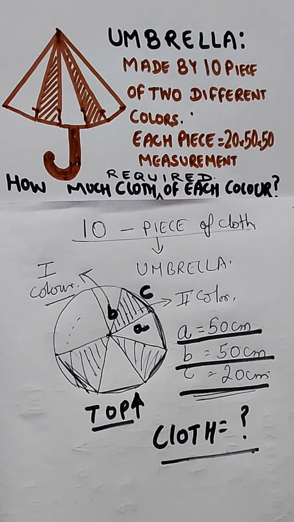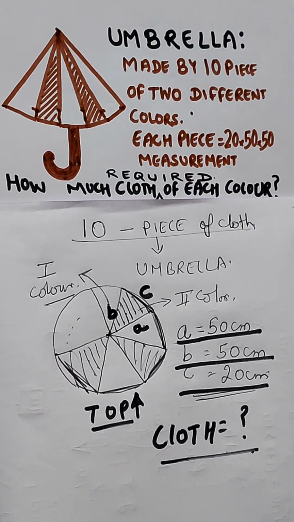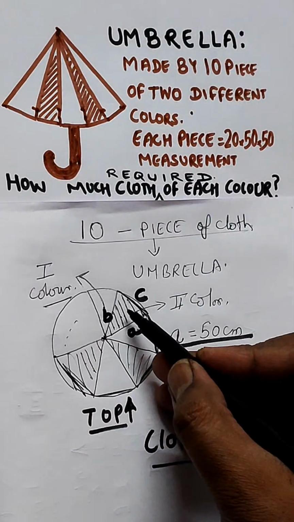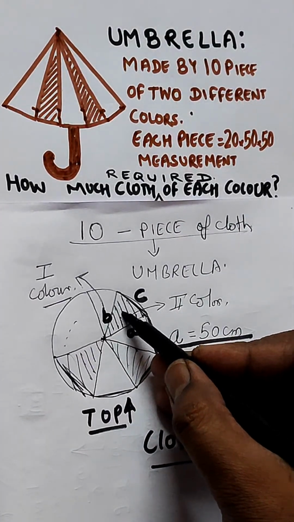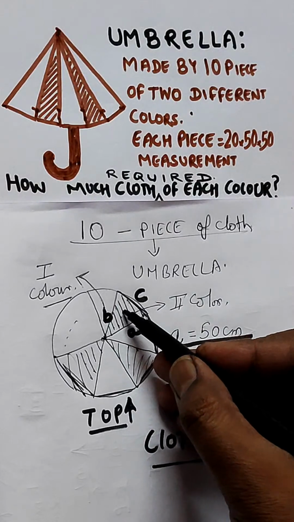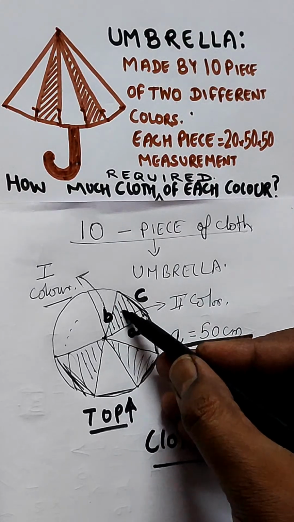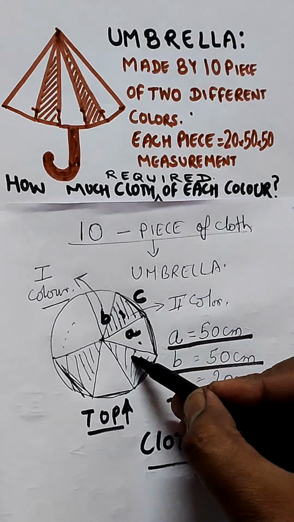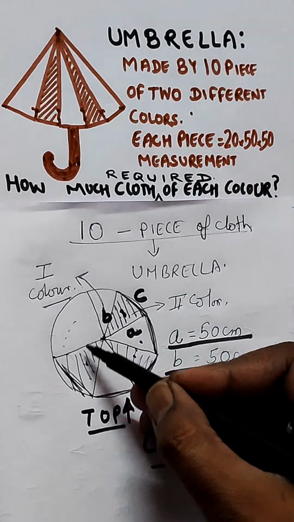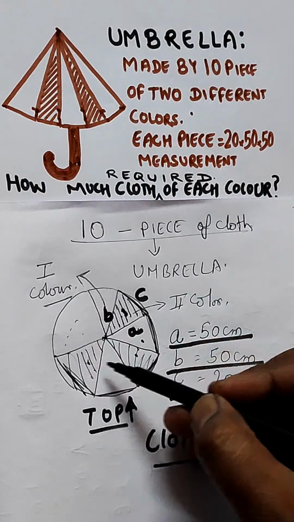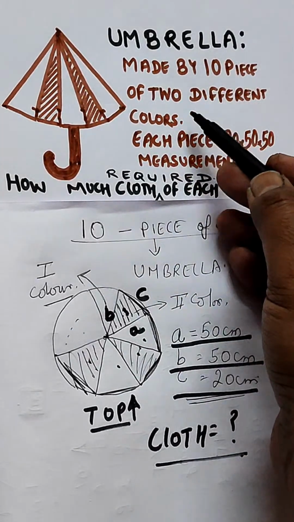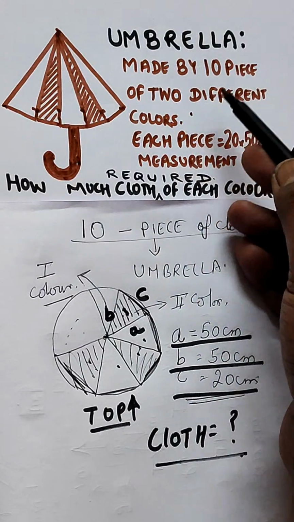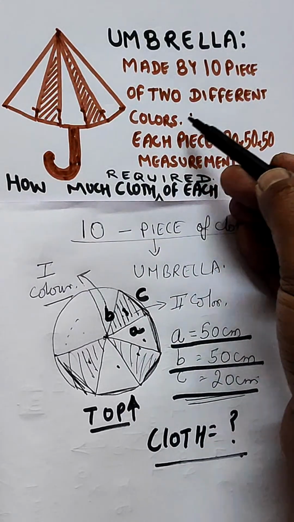So first of all, if you find the area of this triangle, I'm just saying rectangle, but it's a triangle. So if this triangle plus this one plus this one plus this one plus this, because there are 10 pieces of two different colors, total 10 pieces of two different colors.